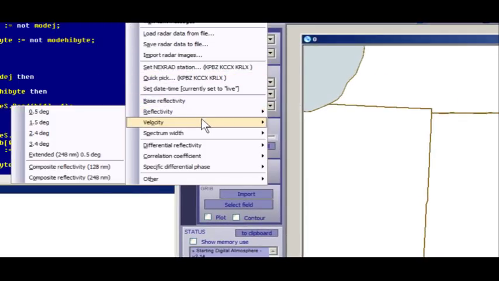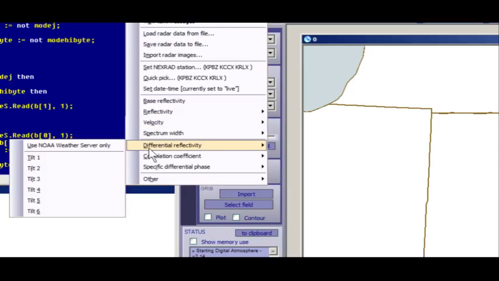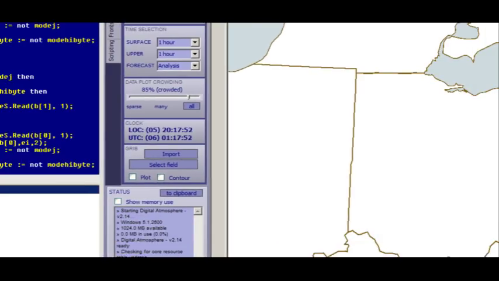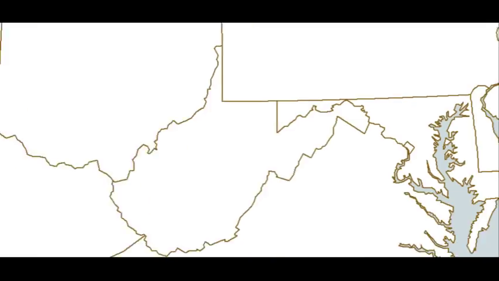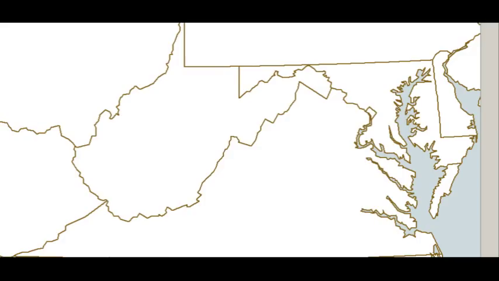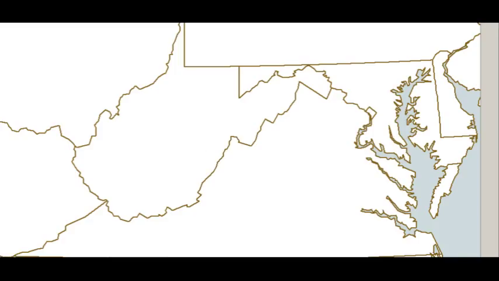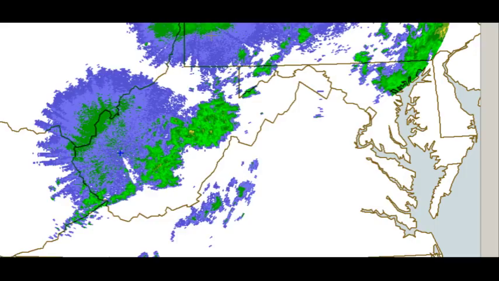Okay, there we go. So there's all the dual pol stuff, differential reflectivity, and I've picked 2 radar sites, which it's downloading right now. Okay, so there's the differential reflectivity display there for 3 radar sites. Actually, yeah. So this is one of the features that's going to be coming in the program, and I'm trying to get this out as quickly as possible here.